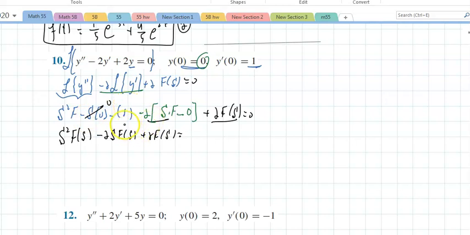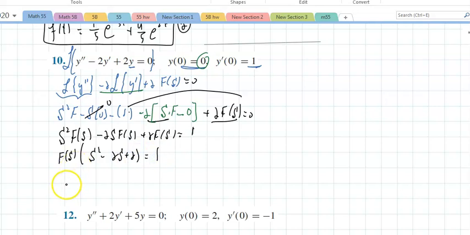All that I get on the right hand side is a 1, isn't it? Just this one. So if I take F and factor it out, wouldn't that be s squared minus 2s plus 2 equal to 1? Wouldn't you say F of s is 1 over s squared minus 2s plus 2?